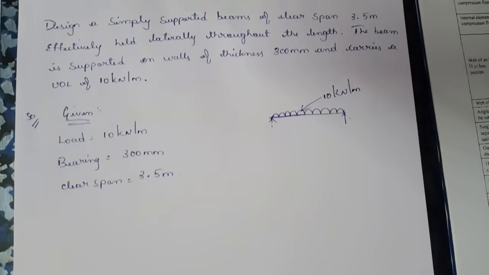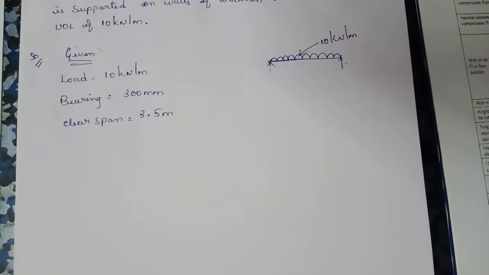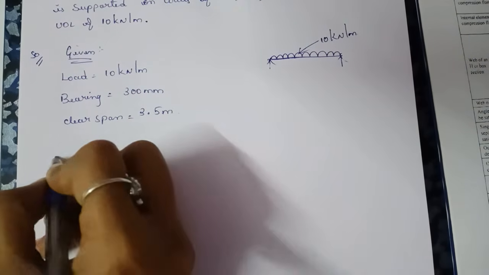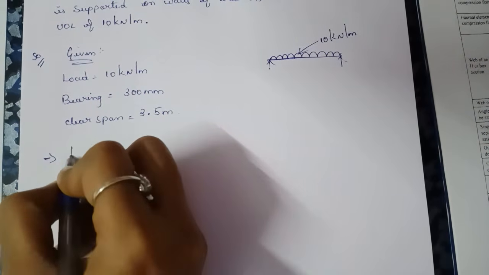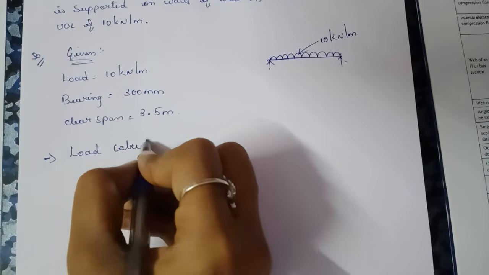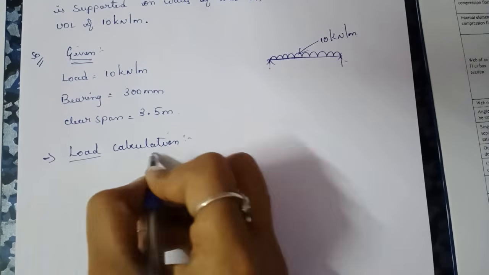In the load calculation, you need to consider the dead load and also the live loads. Here the load is given as 10 kilonewton per meter. So the very first step is load calculation. You'll have to take the dead loads as well as the live loads.